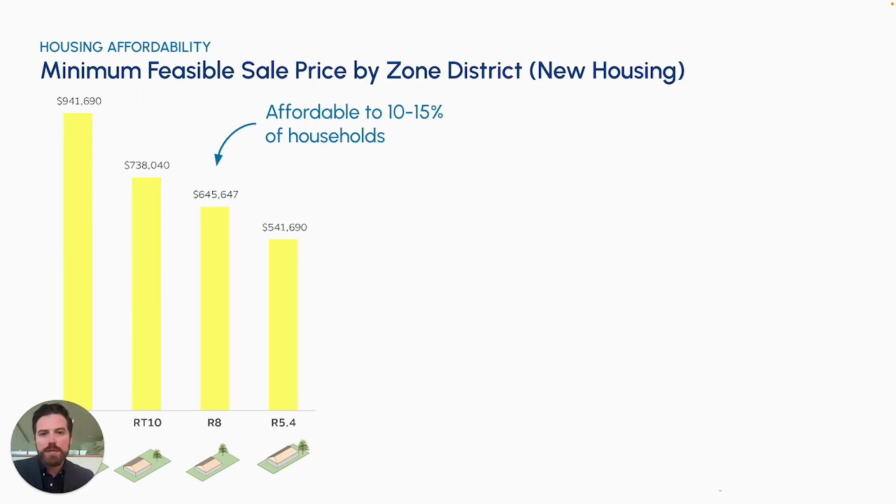So new homes in single dwelling zones in Missoula must be sold for between about $540,000 to $940,000 per unit to be economically viable to build. So these homes are really only affordable to approximately 10 to 15% of families in Missoula.